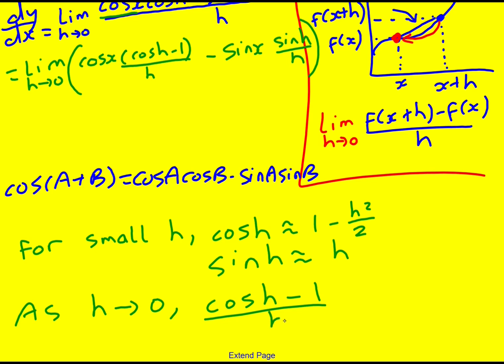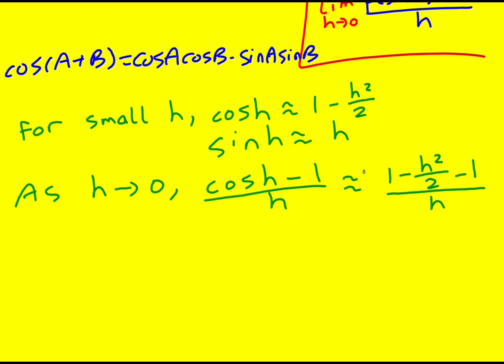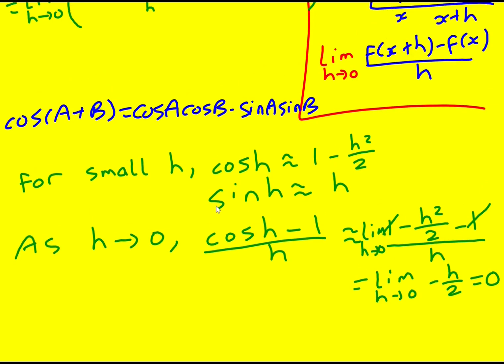So (cos h minus 1) over h is going to be approximately (1 minus h squared over 2 minus 1) over h. And I also need to include this limit as h tends to 0. The ones are going to cancel. I'm going to get the limit as h tends to 0 of minus h over 2, which is going to equal 0. You don't need to go into this level of detail, actually.